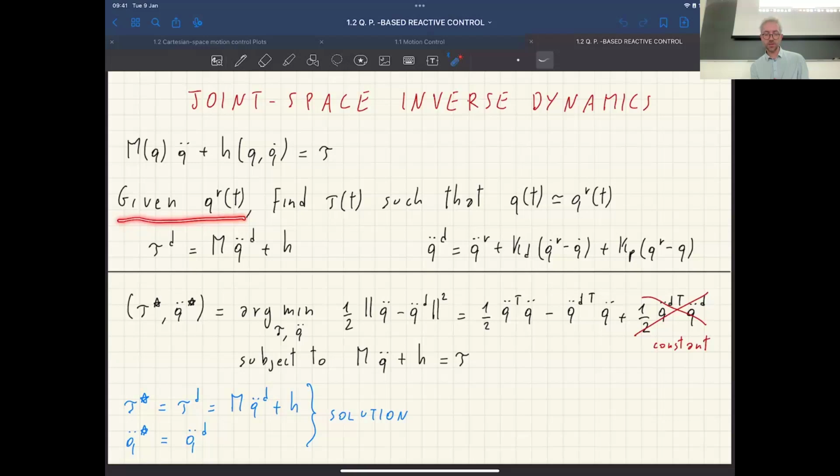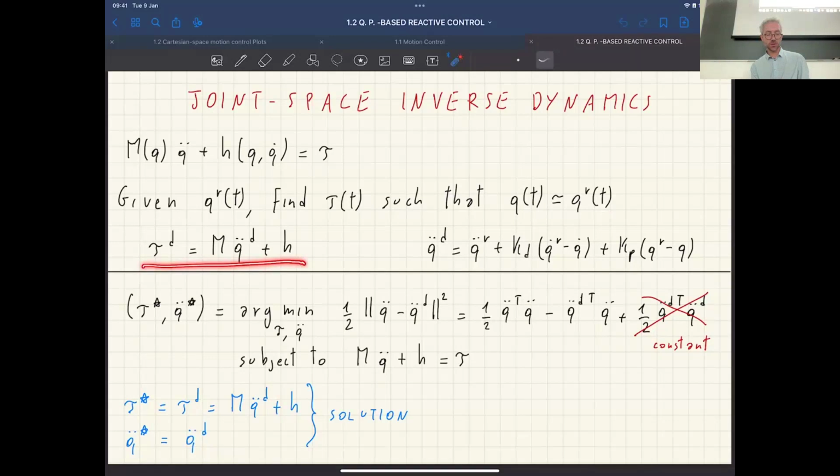What is the joint space control problem? We are given a reference trajectory in joint space, q_R, and we want to find the joint torques, tau, such that the joint angles, q, roughly track q_R. That's the problem, and we have already seen that a possible solution is given by this simple control law.